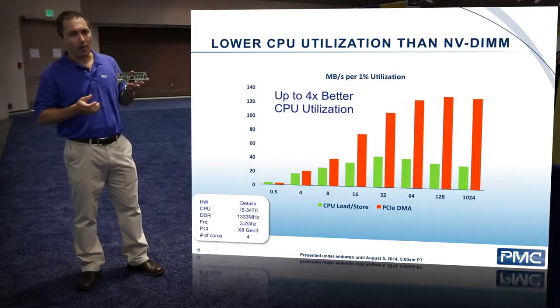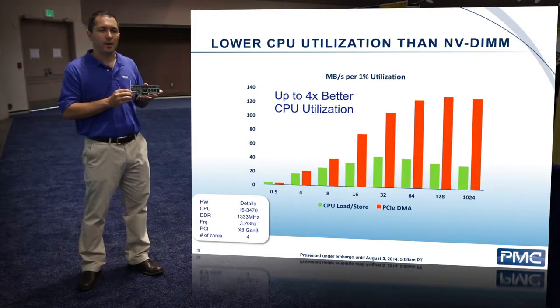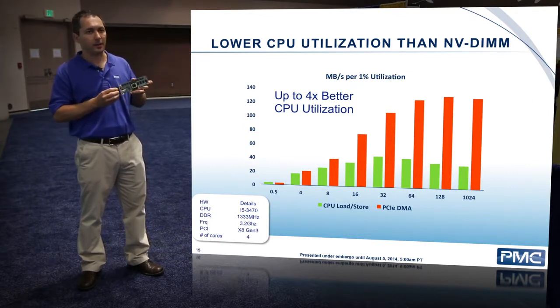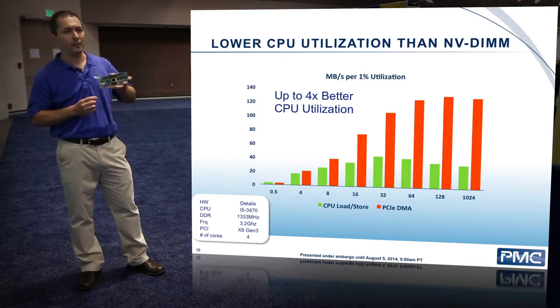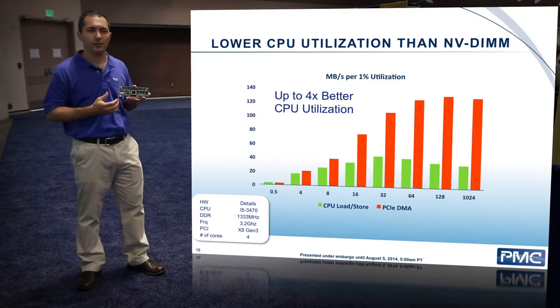And finally, the last performance metric that I want to share with you is the CPU utilization. Comparing this with a memory-based solution, the key advantage that we have as an NVMe drive is the efficiency of doing DMA transactions. And NVMe as a protocol is very, very efficient in doing that.